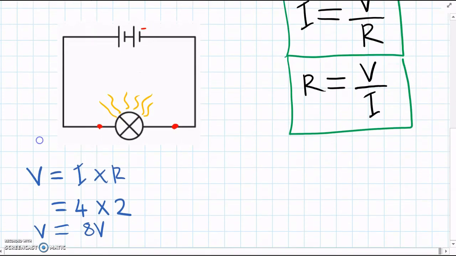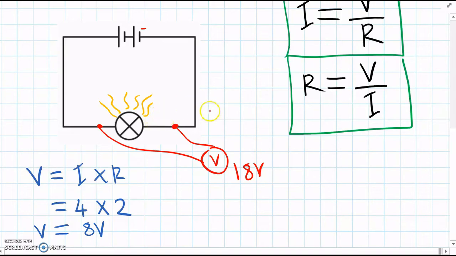So let's say we put a voltmeter down here, and it's measuring 18 volts. But then we also know that this bulb, it might be a different one, it has a resistance of 6 ohms.